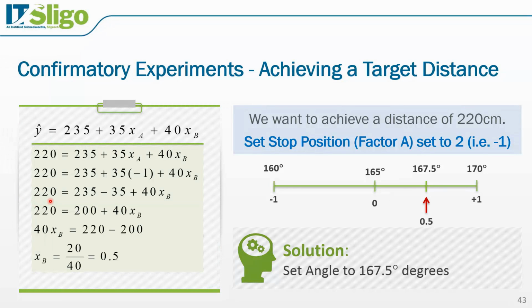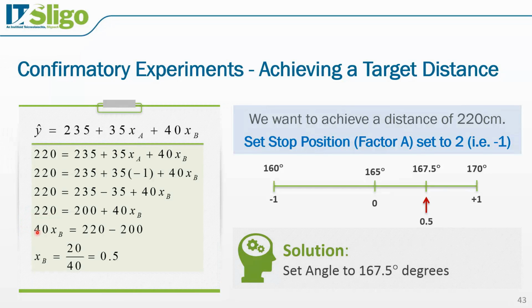So we want to achieve a distance of 220 centimeters, and we want to identify how we should set the start angle in order to achieve this distance. So we can use this equation to identify what our start angle should be in order to achieve a distance of 220 centimeters.